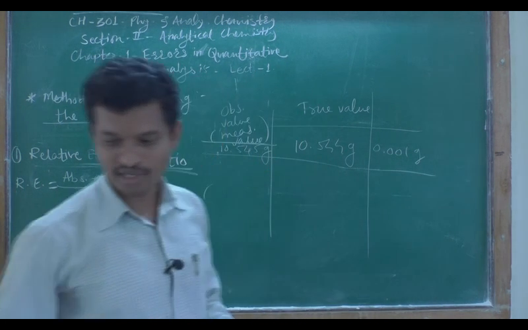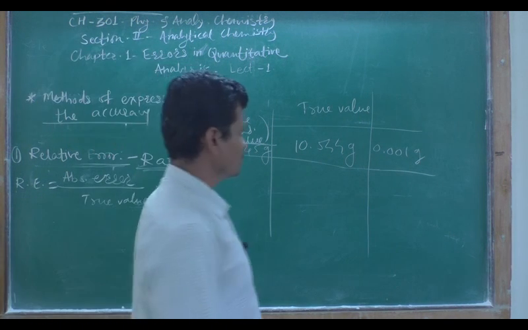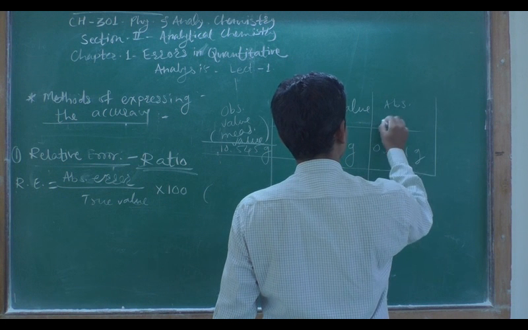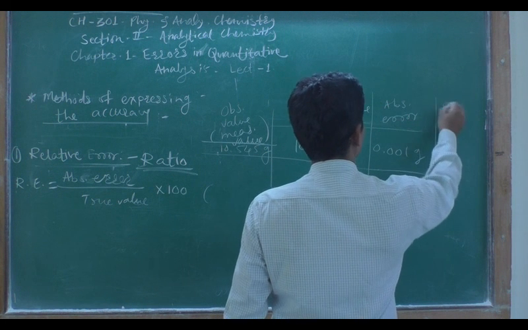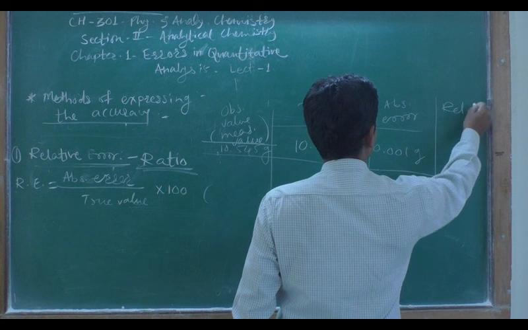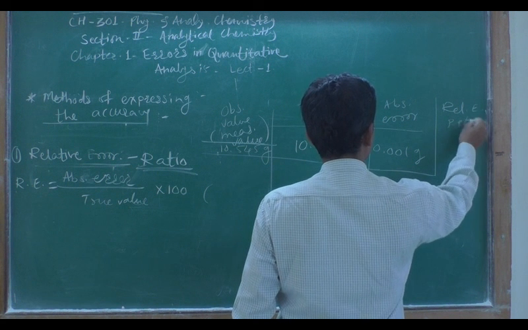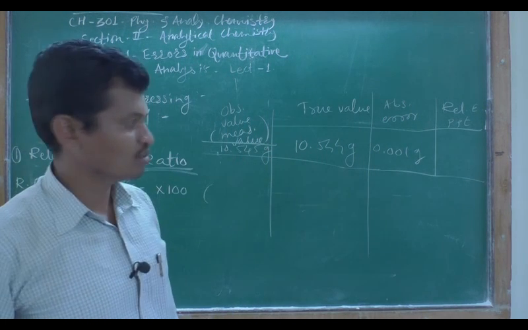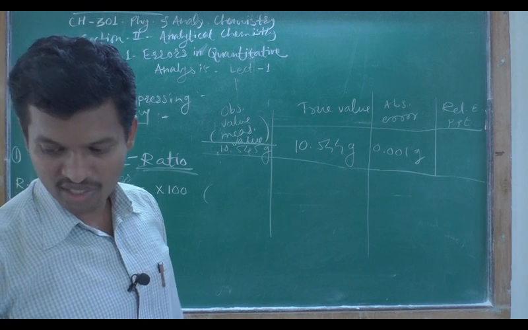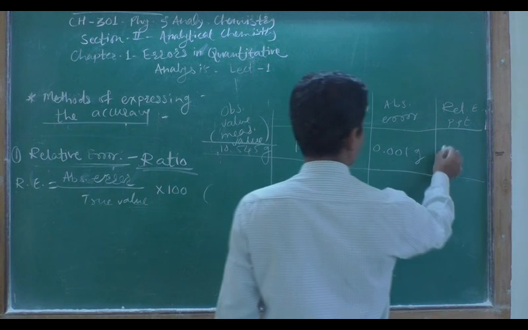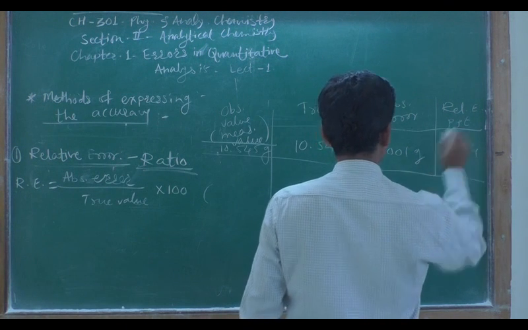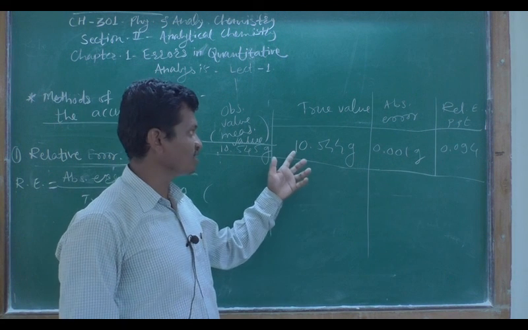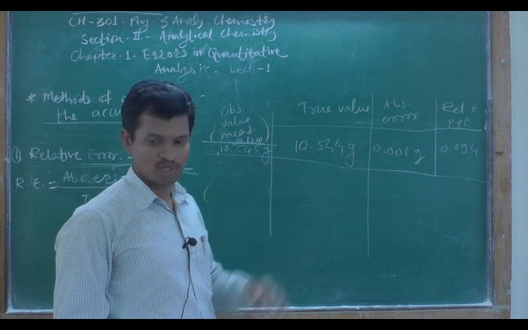And the relative error in parts per thousand, PPT, by calculation we get 0.94. Okay, so this is about a larger figure, where the true value is 10.544.